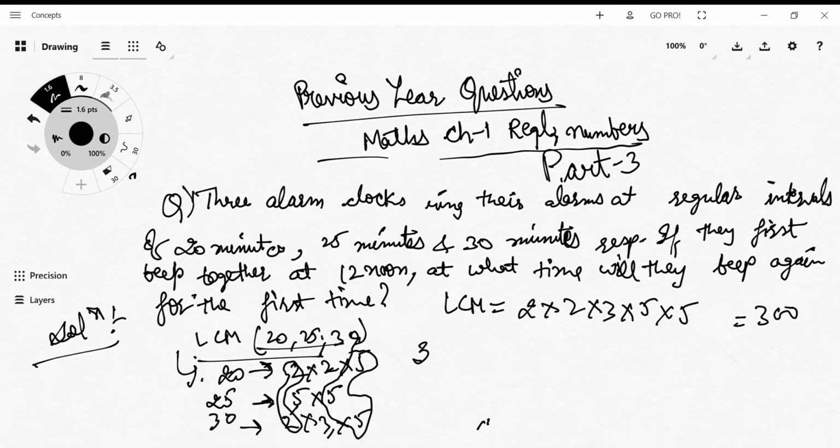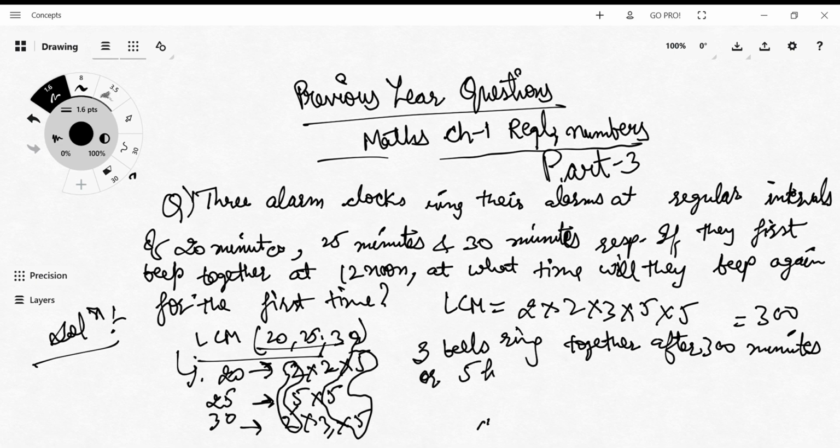So the 3 bells ring together after 300 minutes, or you can say 5 hours. How 5 hours? If you divide 300 by 60, you will get 5 hours.